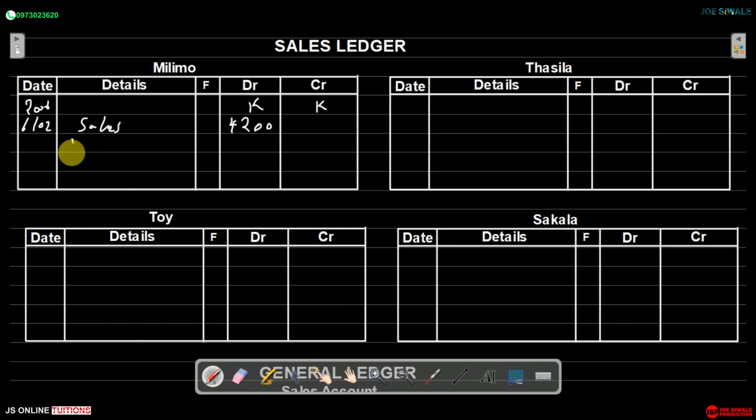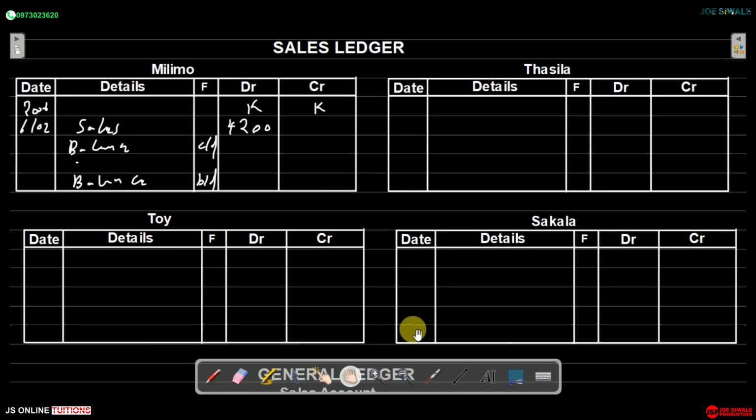So we're going to have balance carried down, and we're going to have balance brought down. Then we're going to say total there. So our total, we're going to have 4,200 on the debit side, 4,200 on the credit side. Balance carried down is going to be shown on the credit side. Balance brought down is going to be shown on the debit side.